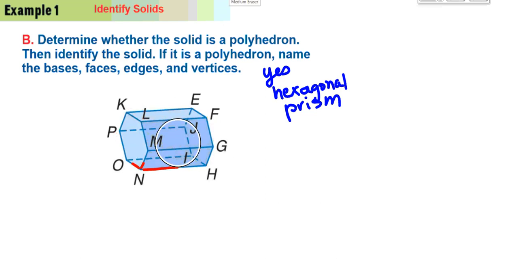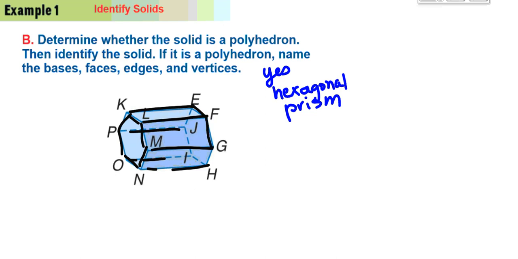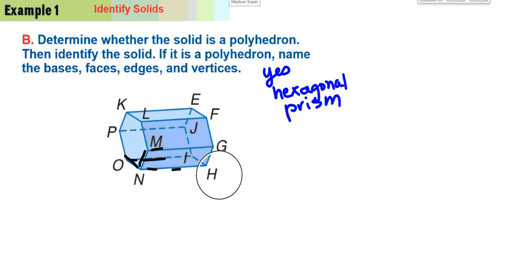Okay, so I maybe won't say them exactly in that order, but segment KE, segment LF, segment MG, segment NH, segment OI, segment PJ, segment KL, segment LM, segment MN, segment NO, segment OP, segment PK, segment EF, segment FG, segment GH, segment HI, segment IJ, and segment EJ or JE, whichever one.